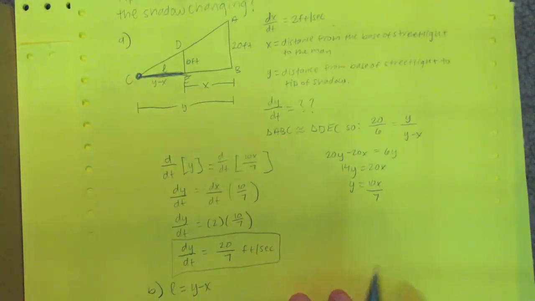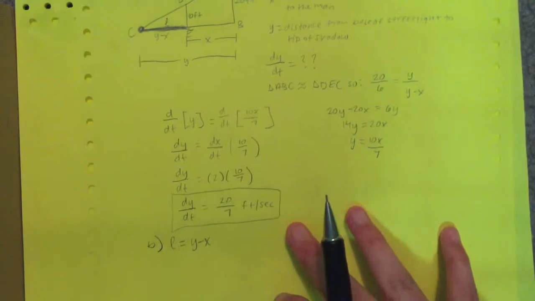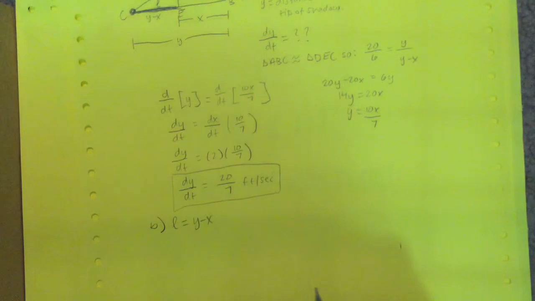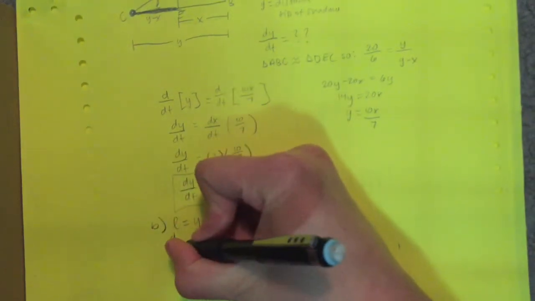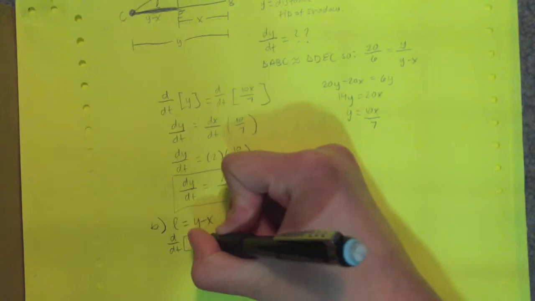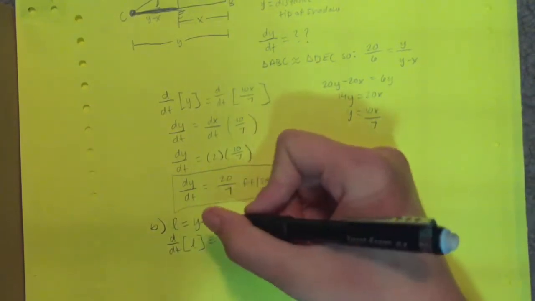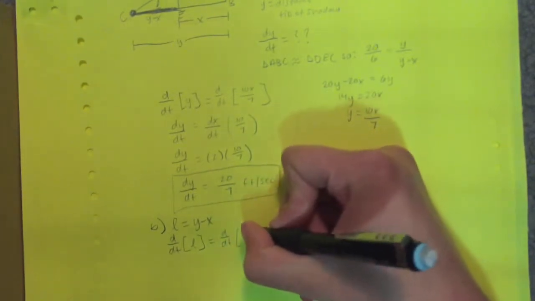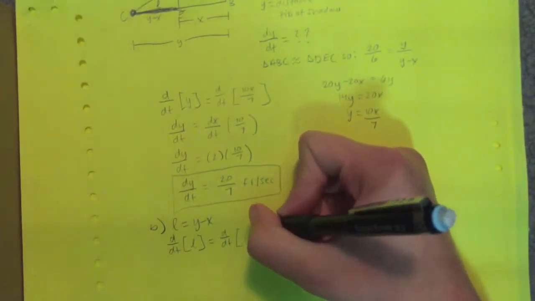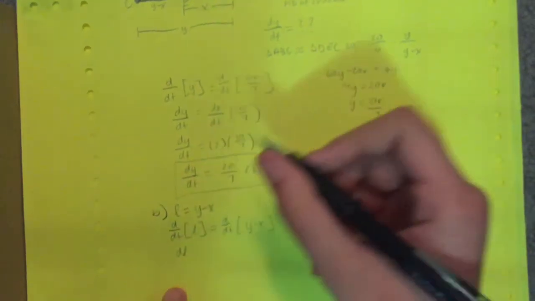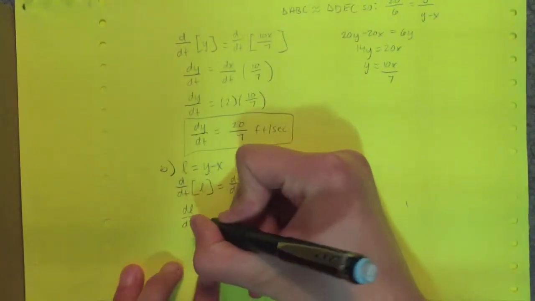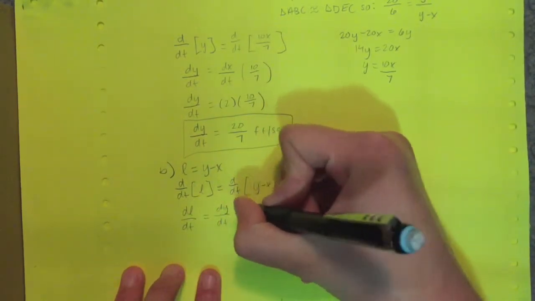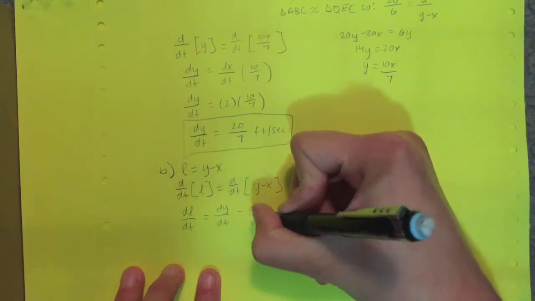So let's implicitly differentiate both sides. d/dt of L equals d/dt of y minus x. So dL/dt is equal to dy/dt minus dx/dt.